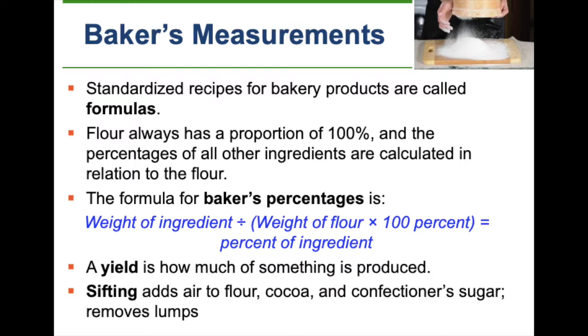Flour always has the proportion of 100%, and the percentages of all other ingredients are calculated in relation to the flour. The formula for baker's percentage is the weight of the ingredient divided by the weight of the flour times 100%.